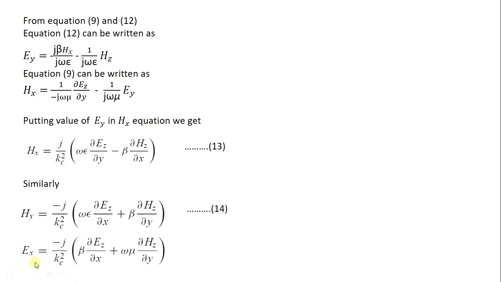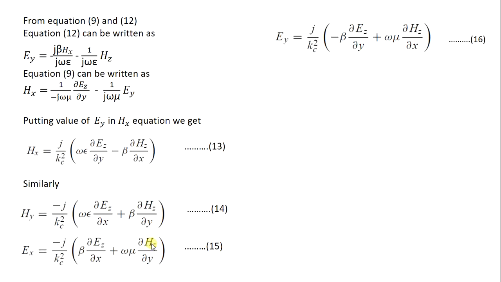Similarly, we will get Ex equal to minus j divided by kc square times β ∂Ez/∂x plus ωμ ∂Hz/∂y. Similarly, Ey equal to j upon kc square times minus β ∂Ez/∂y plus ωμ ∂Hz/∂x. These are equations 13, 14, 15 and 16.